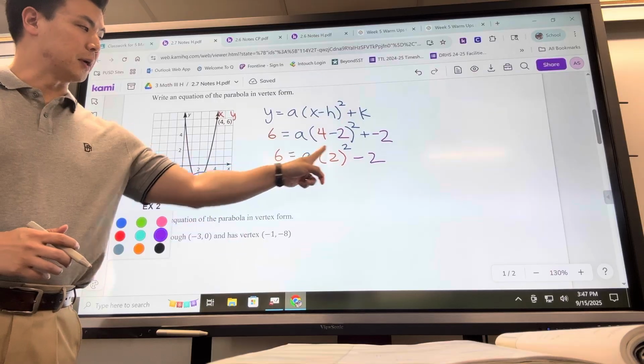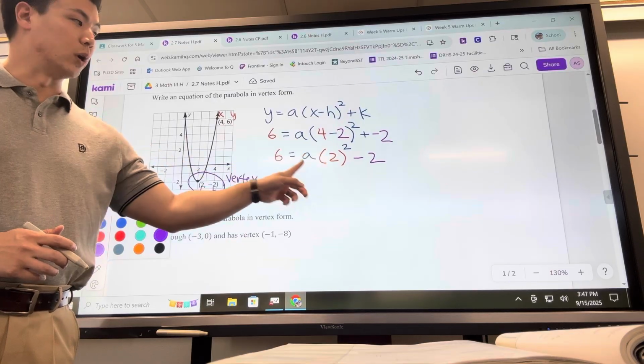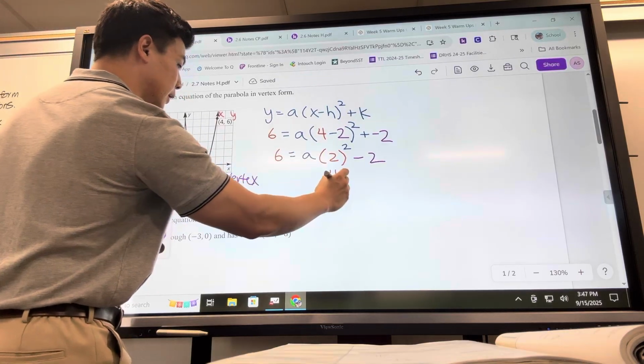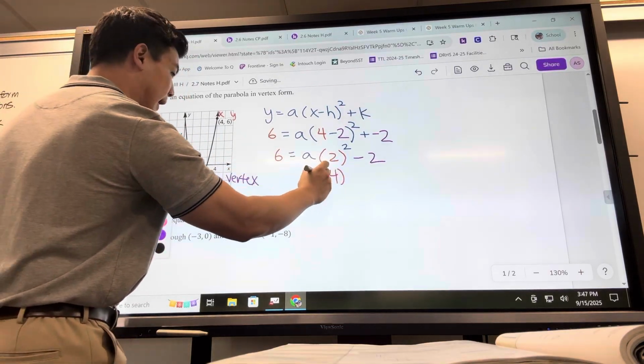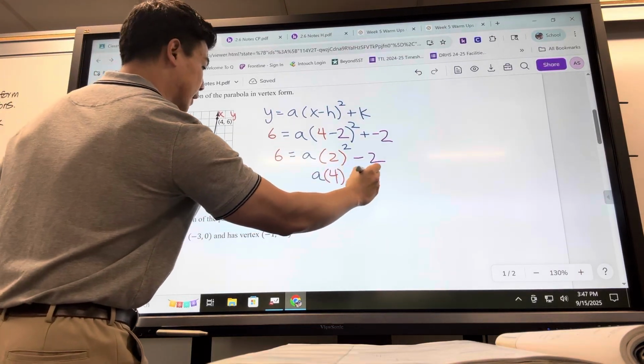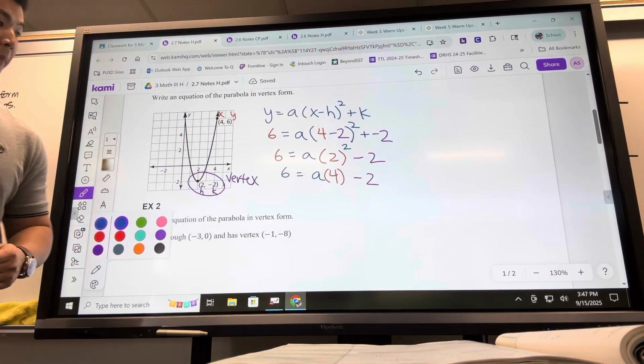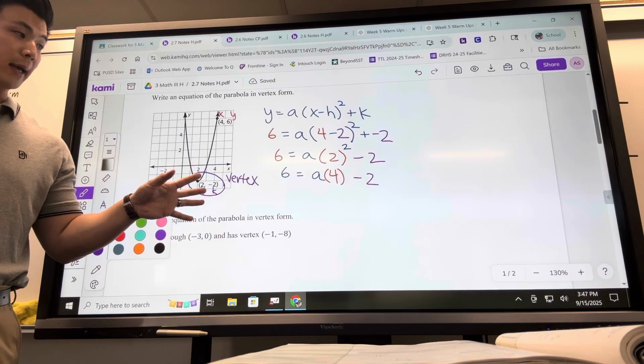So this 2 squared times a is all one piece. So if I evaluate this, 2 squared is 4, and we're multiplying 4 and a, subtracting 2, and this is all equal to 6. So what I can do is I can solve for a here.